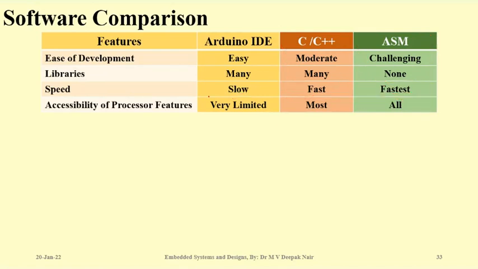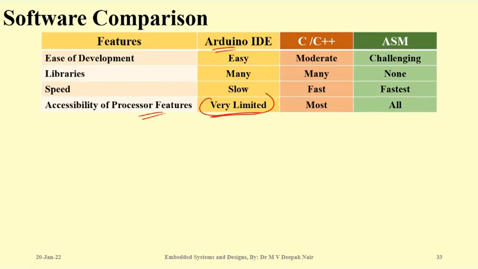Assembly is the fastest. Features that you can use, that means all the features of a microcontroller that you can extract using Arduino or abstract level languages, are very limited. You cannot push the IC to its limit using abstract languages.